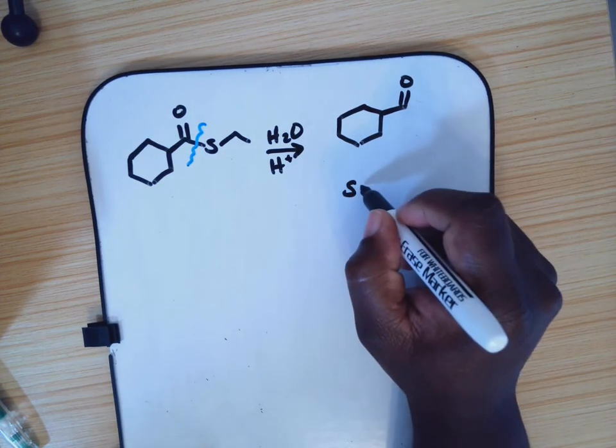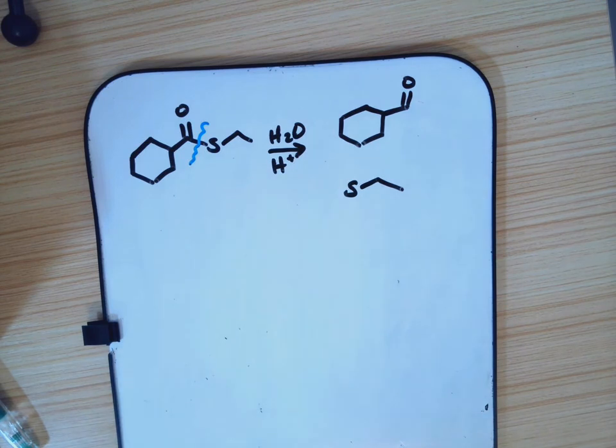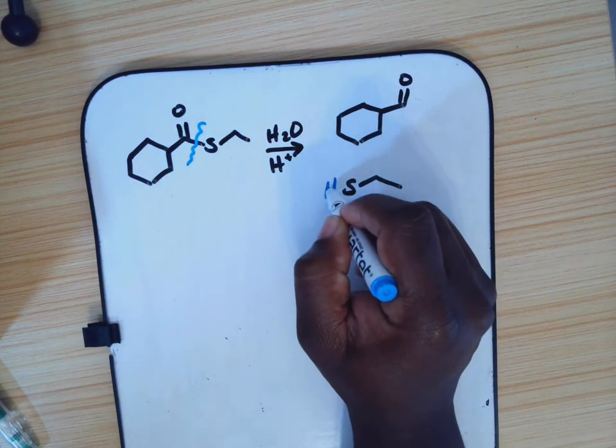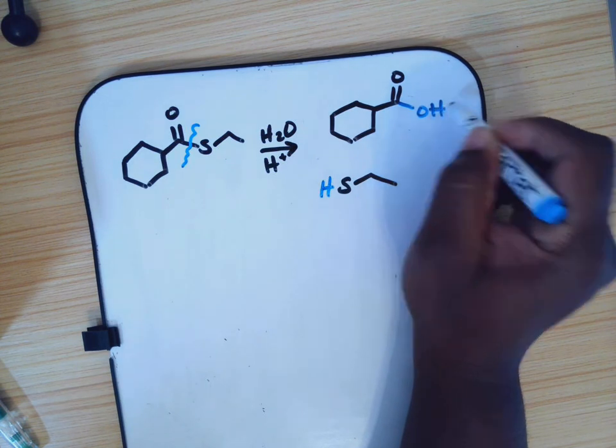Don't change the number of carbon atoms. Don't change how the atoms are arranged. Simply disconnect those pieces by breaking that bond. From there, one end gains the H, the other end gains the OH. It's always going to be your heteroatom that gains the H and your carbonyl that gains the OH.